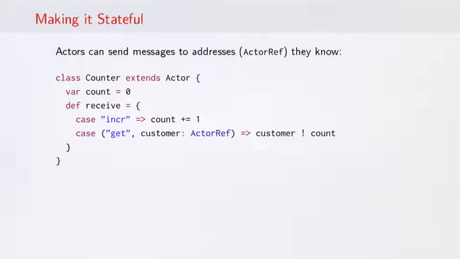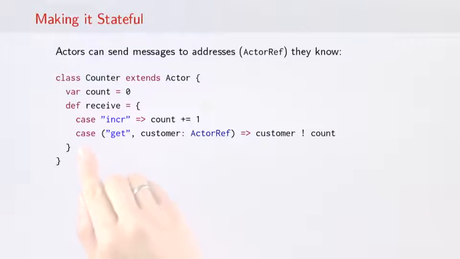If we want to make it stateful, we need to enable other actors to find out about what the value of the counter is. And therefore, actors can send messages to addresses they know. Addresses in Akka are modeled by the ActorRef type.